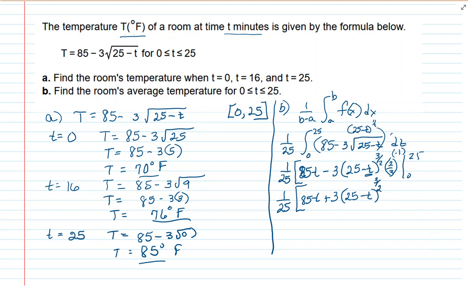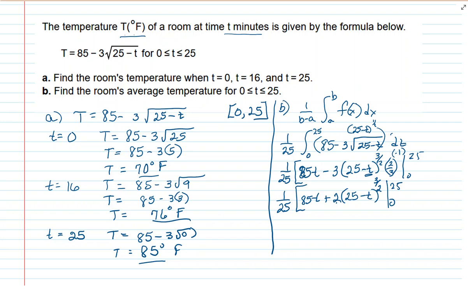Oh, and this is going to be a 2, because this times that. Sorry about that. I don't want to do too many steps and lose you all. From 0 to 25.